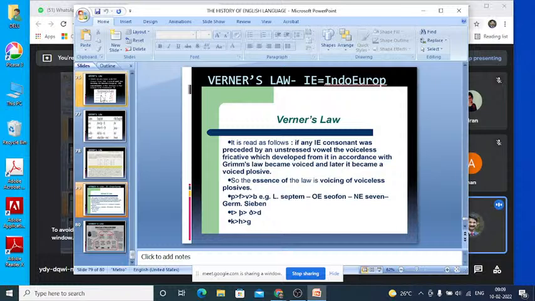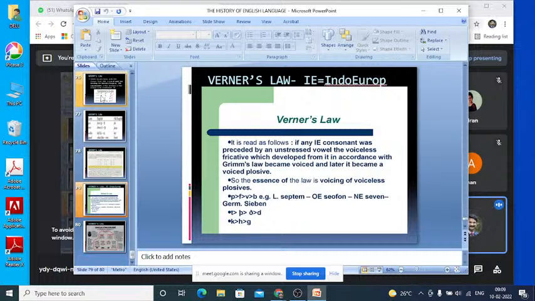So in Latin septem is becoming Old English seofon, and in German it is becoming sieben.